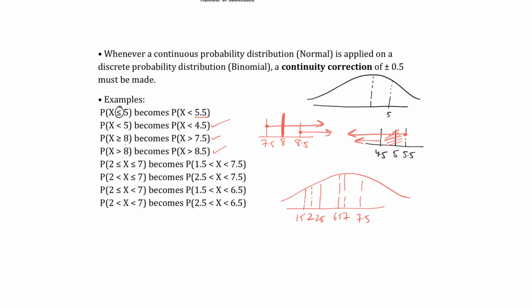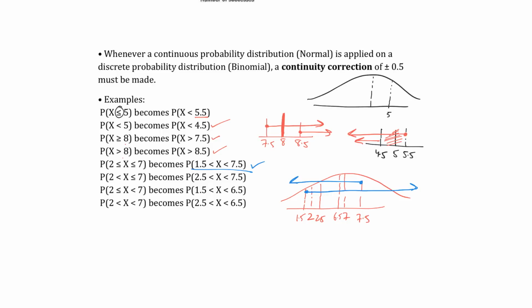Okay, it's greater than or equal to 2, which means you want 2, so you will take greater than 1.5, and you want 7 to be included with less than, so instead of 6.5 you will take 7.5. So that would be your continuity correction.